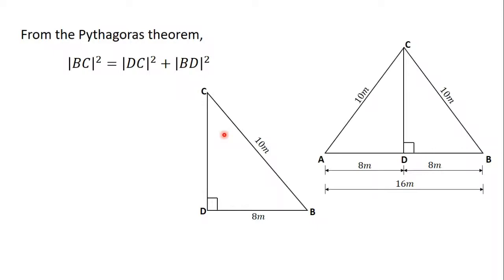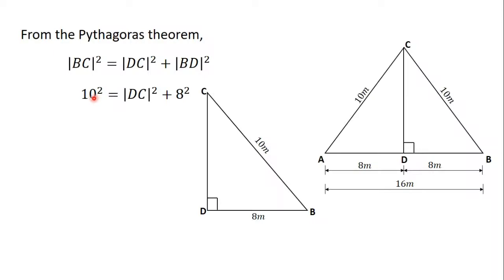If you watch that video, you are going to understand it very carefully. Here, I will just be quoting the theorem and you apply it to solve the questions. We are looking for DC.